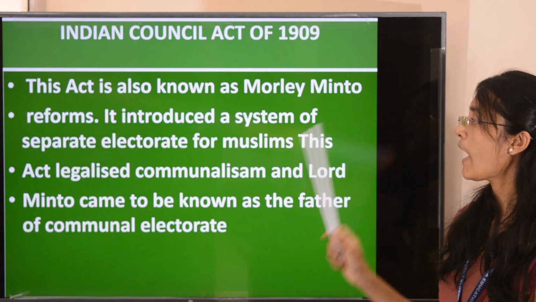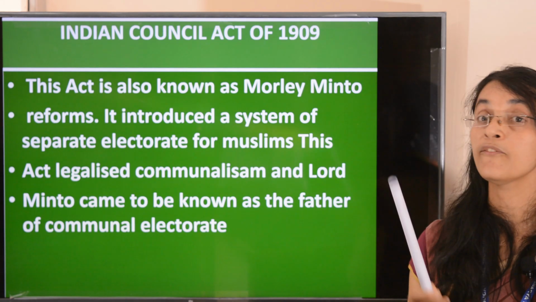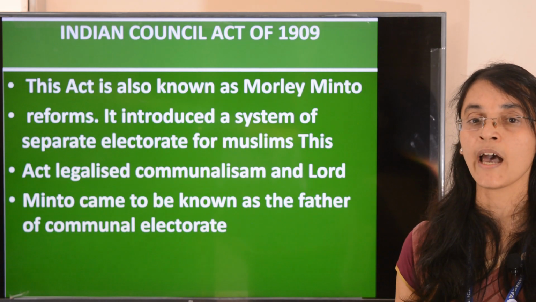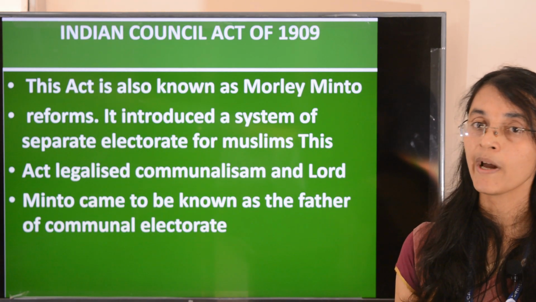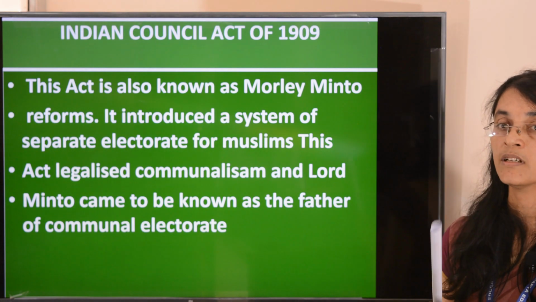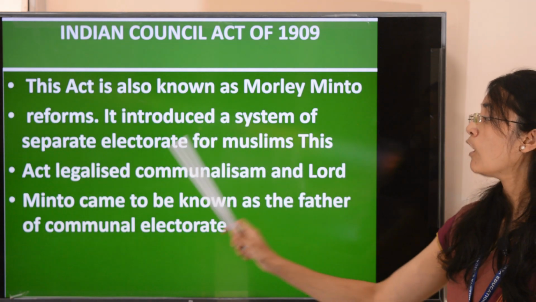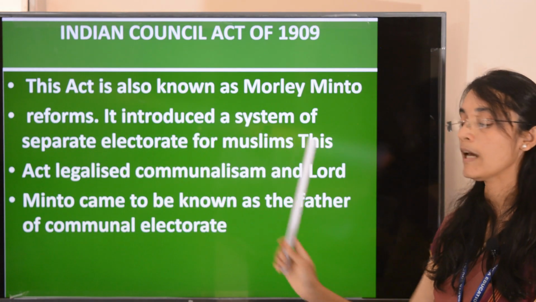This act introduced a system of separate electorate for Muslims. That means as per this act, Muslim members were to be elected only by Muslim voters. Thus, the act justified communalism and Lord Minto came to be known as the father of communal electorate.